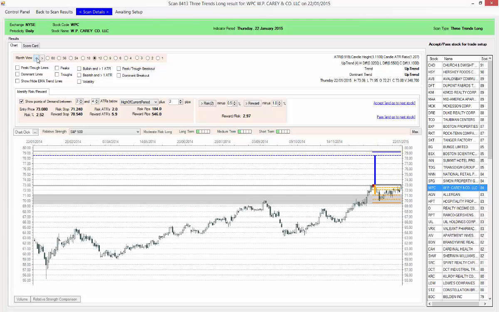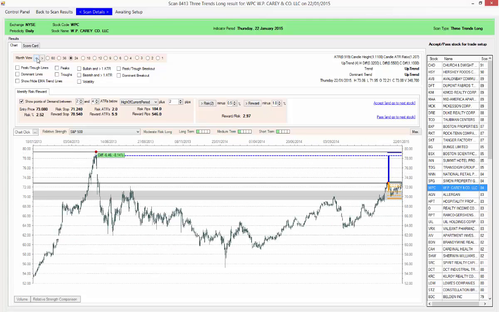I'm going to go back in history, and I can see the reason why it's drawn that line is because there's a previous long-term peak here, and in order to be considered something of value on a reward to risk basis, the system has actually detected that long-term peak and drawn the reward to a point which is 1% below the high of that long-term peak.